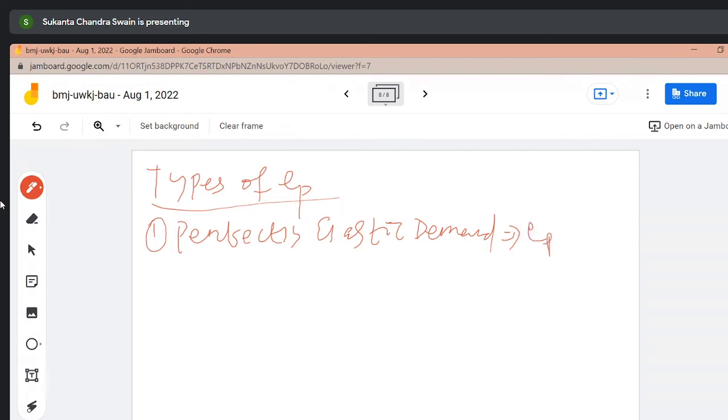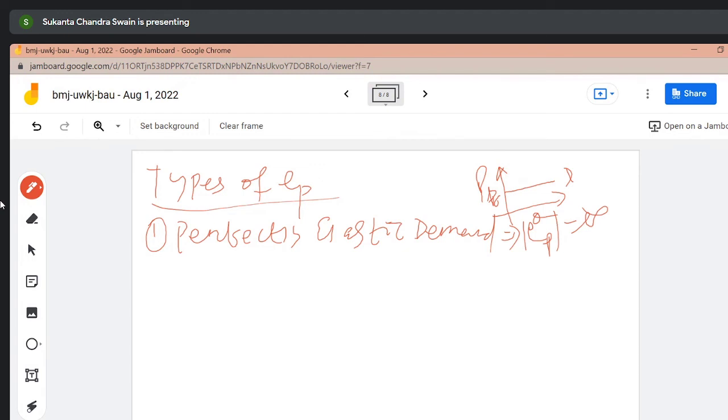In this case, EP mod is equal to infinity, and the demand curve becomes a horizontal straight line. It means what? Price is not changing. Price not changing means the change in price is negligible, approaching zero.